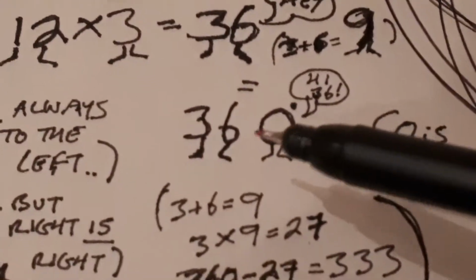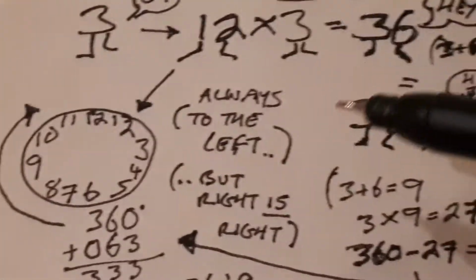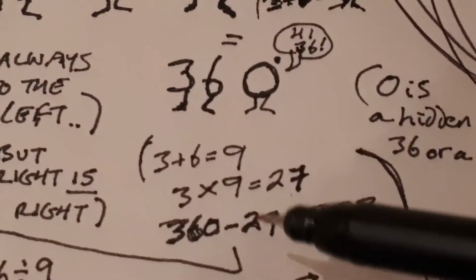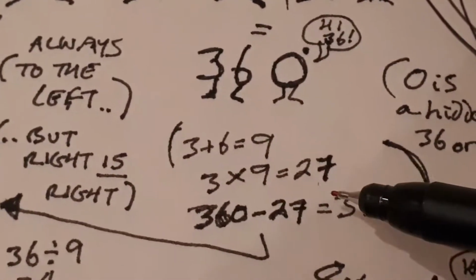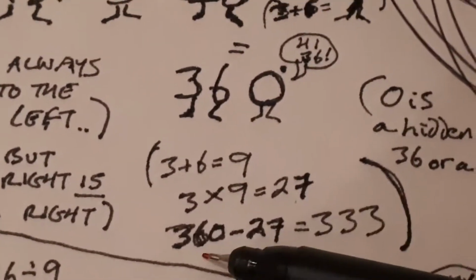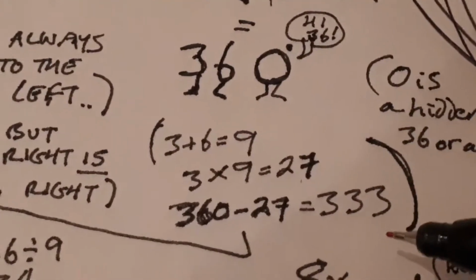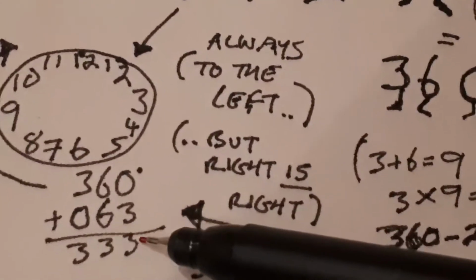So we'll use the circle 360, and we'll call that degrees. 3 and 6 being 9. 3 times the 9, 27. 360 degrees minus 27, 333. 360 plus its mirror, 063.